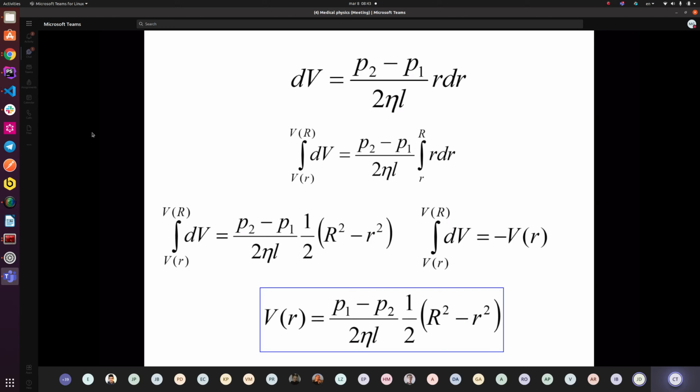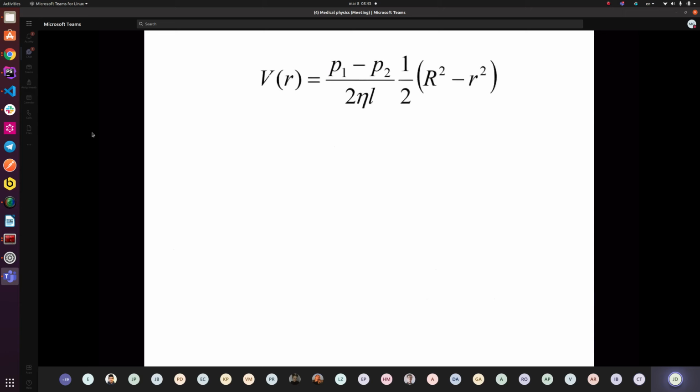So now we see that V depends on r, on the location within the flow. This is very important. Now we go to calculate Q, the flow, because we know already V(r). Let's put this one into the integral and go for integration.